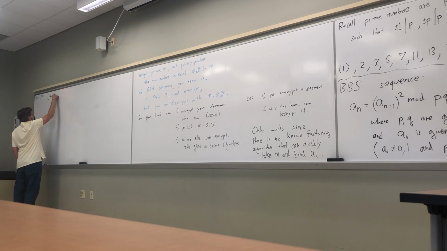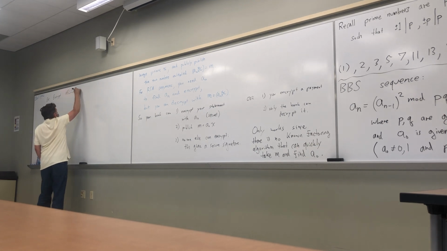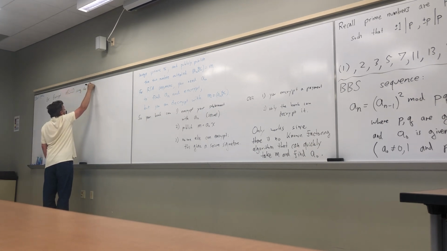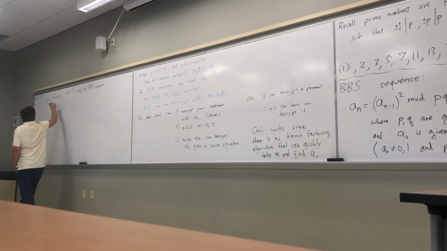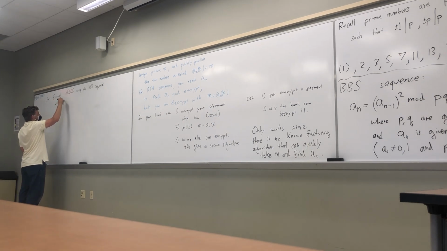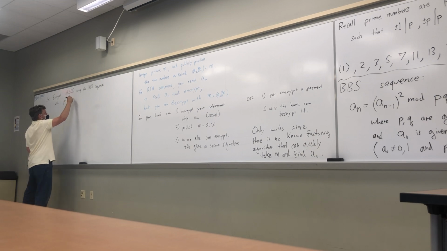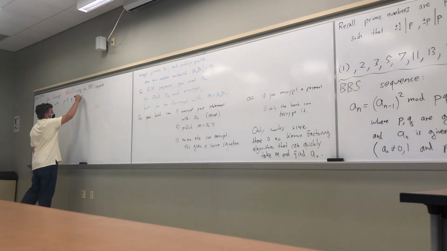So, here's an example. Encrypt hello using the BBS sequence with, and I have to give you these numbers, P equals 5, Q equals 7, and A0.